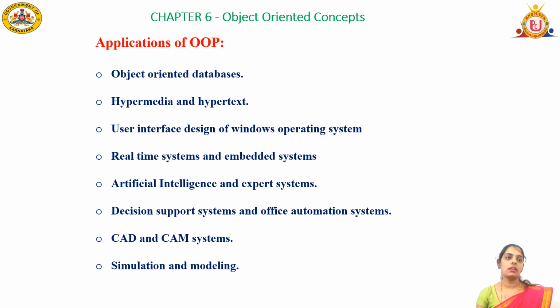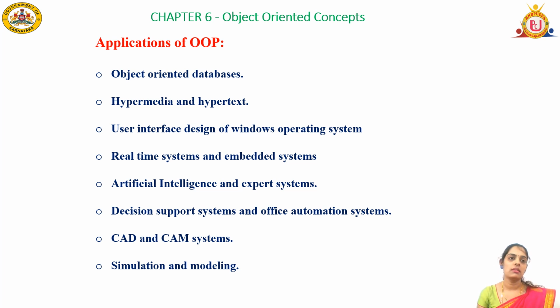Next one is real-time systems and embedded systems. Examples of real-time systems are the traffic control system, the air conditioner system, or the electric power system, whereas examples of embedded systems include automotive. Today, most of the cars you have seen work on embedded systems.